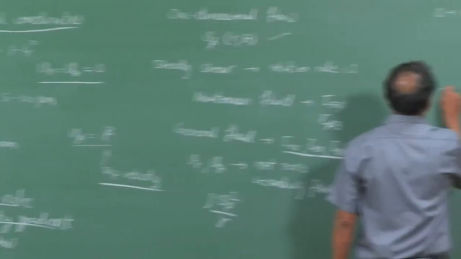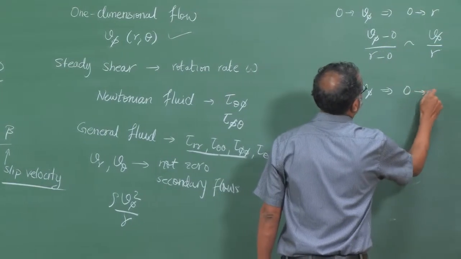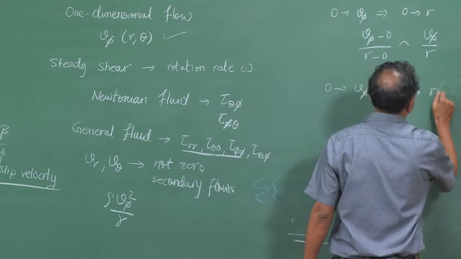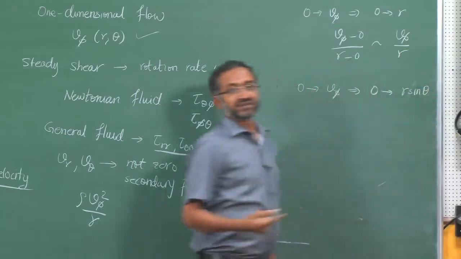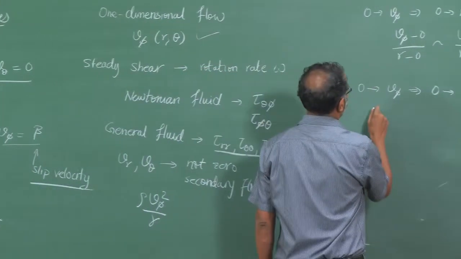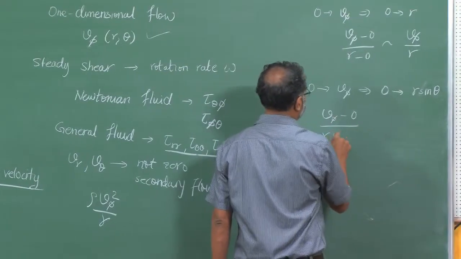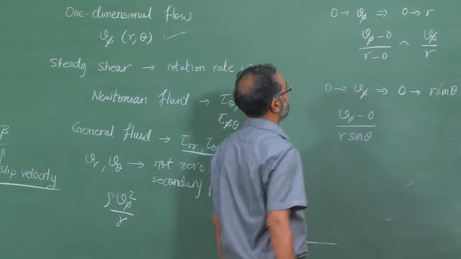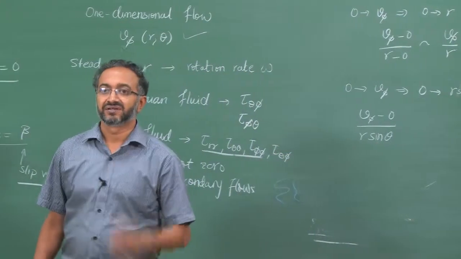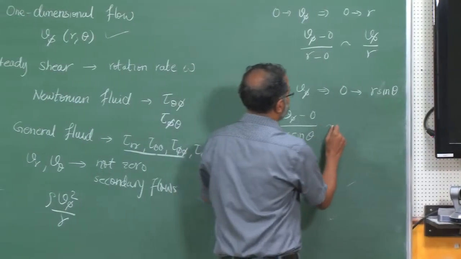Similarly, velocity goes from 0 to V phi when distance goes from 0 to r theta or r sin theta. Of course, if theta is small, then sin theta is the same as theta. So, V phi minus 0 divided by r sin theta, and given that sin theta is a small value, the velocity gradient in the theta direction is much higher.